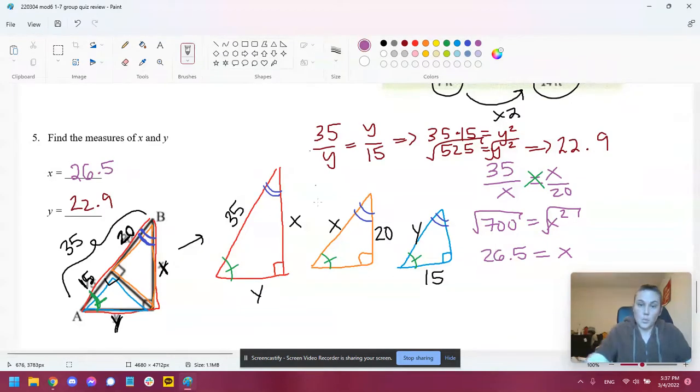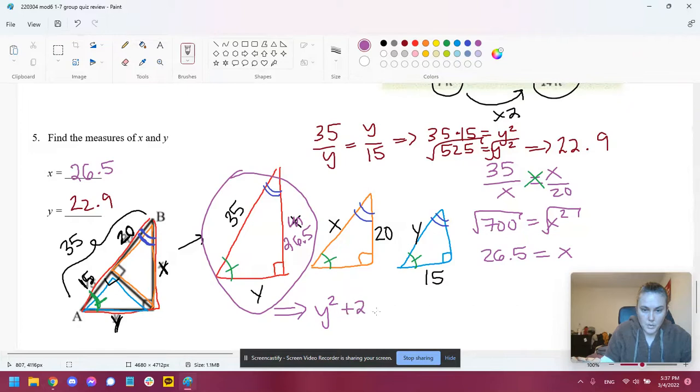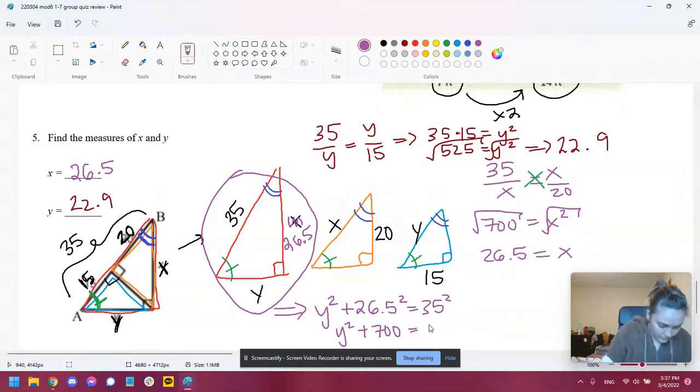To be honest though, once I figured out that x was 26.5, I could have looked at this triangle and done the Pythagorean theorem, right? I could have said y squared plus 26.5 squared equals 35 squared, which means y squared plus 700 equals 35 squared, so 1225.